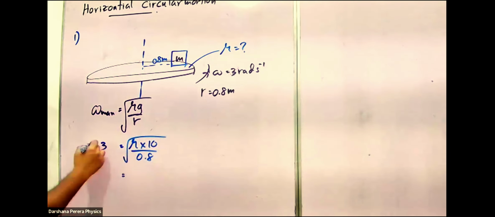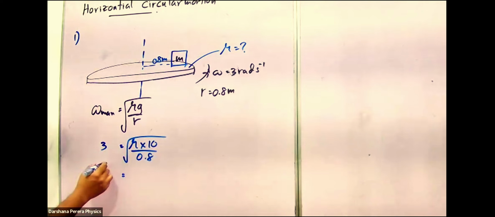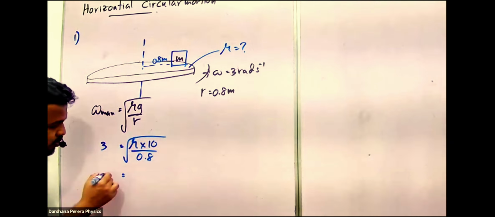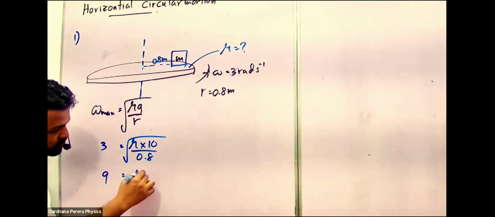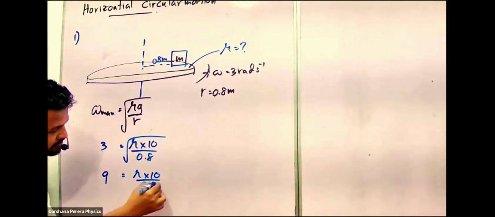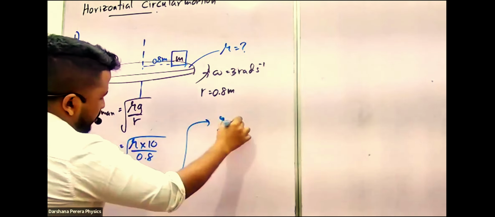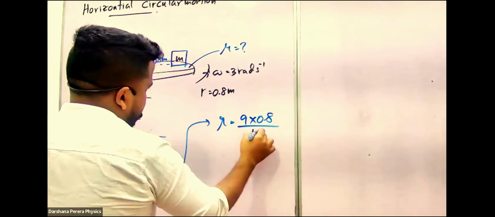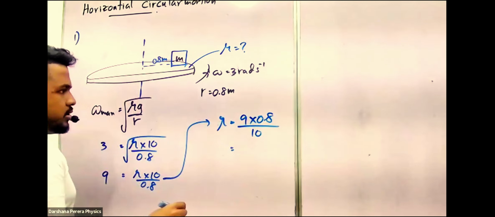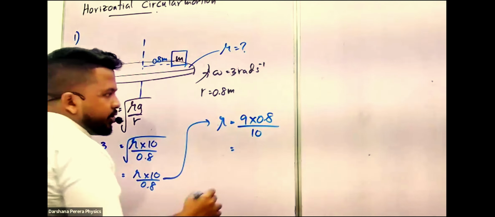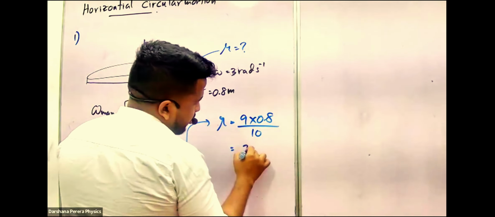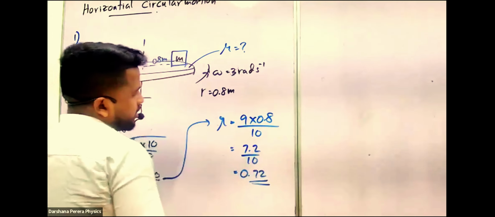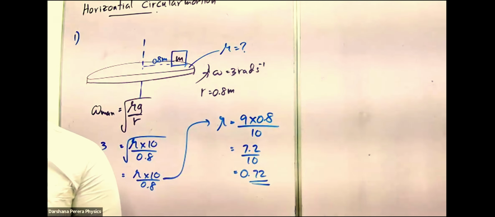We get the square of both sides. So 9 equals mu into 10 over 0.8. Mu equals 9 into 0.8 over 10, that means 7.2 over 10, 0.72. This is the mu value.